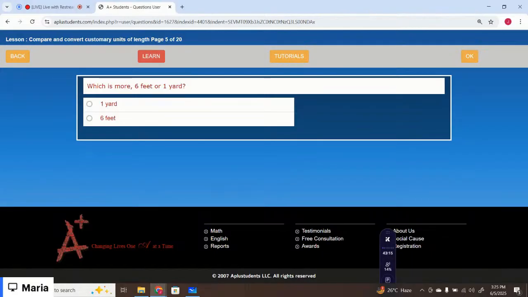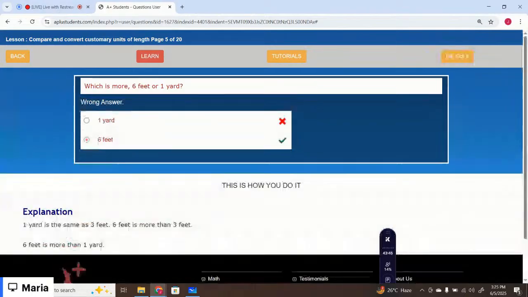Which is more, 6 feet or 1 yard? I think 1 yard is more. 1 yard is the same as 3 feet. So 6 feet is more than 1 yard.